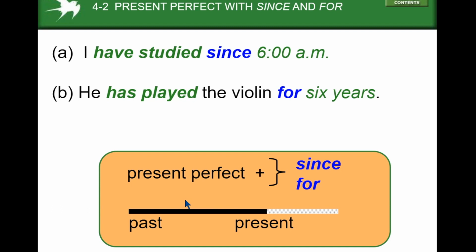It is important to remember that since can only be used with the perfect tenses. But the word for can be used in other tenses as well, when you want to give more information about the time.